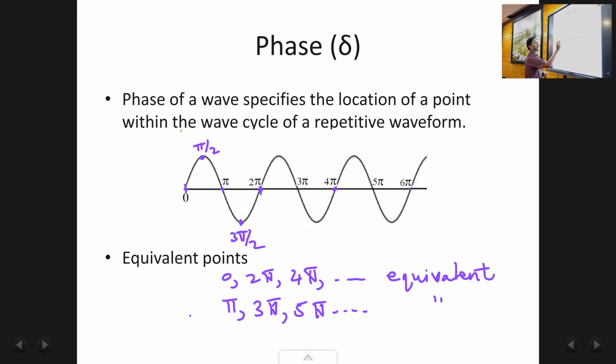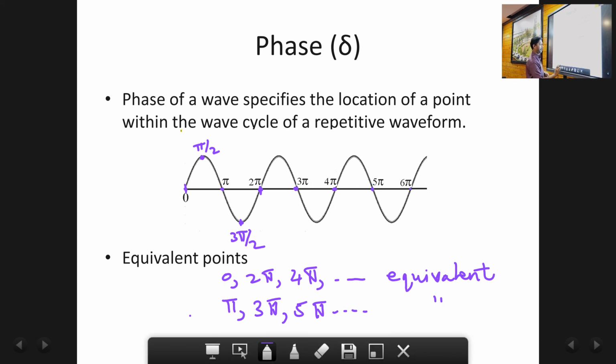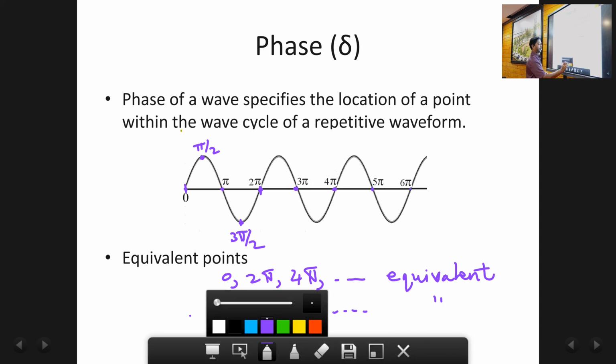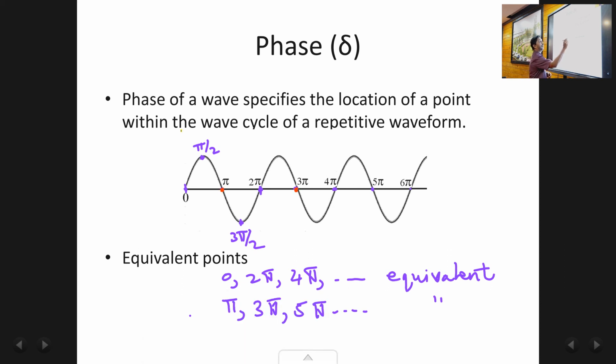Because what is happening at the points pi, 3 pi, 5 pi? What is common about these points is that the wave is entering into its negative cycle. So at pi it's entering into its negative cycle. At 3 pi also the same thing is happening. At 5 pi also the wave is entering into its negative cycle. So these points are also equivalent.